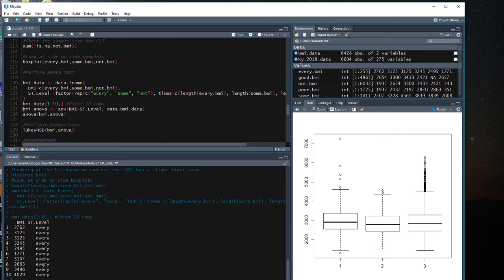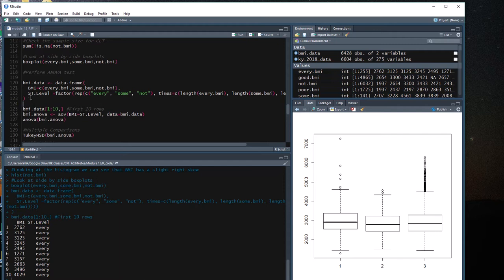The second column it creates, next to each of the BMIs, tells us which of the three levels that value came from. That's what this times is doing. It sees how many every BMIs there are, and it repeats the word every that many times. So in the left column, when we have all the entries of BMI for this group, it puts its level next to it.